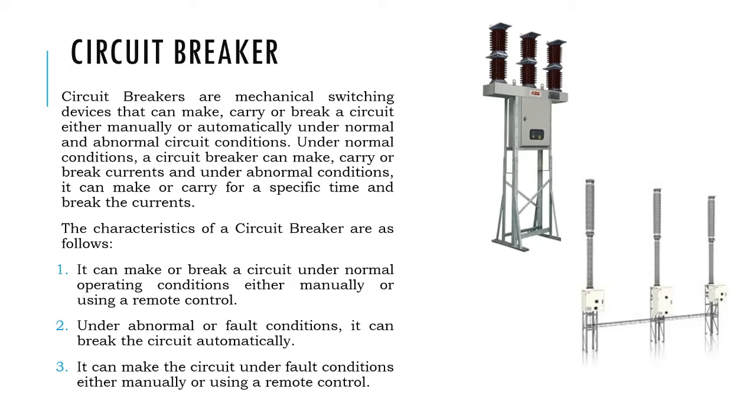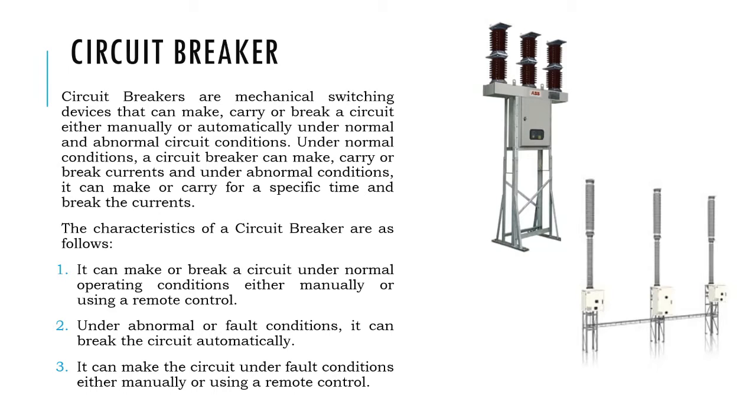Now the functionality and characteristics of a breaker. The breaker can make or break a circuit under normal conditions, either manually or using remote control. Same as the statement when I was discussing the disconnector operation.